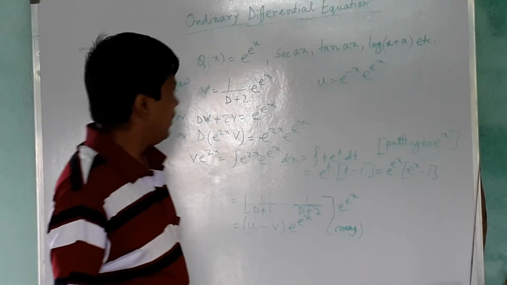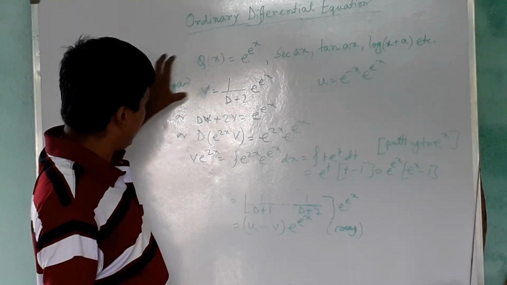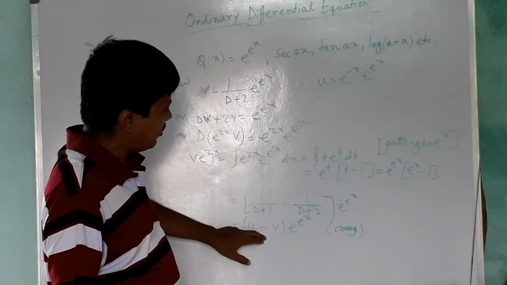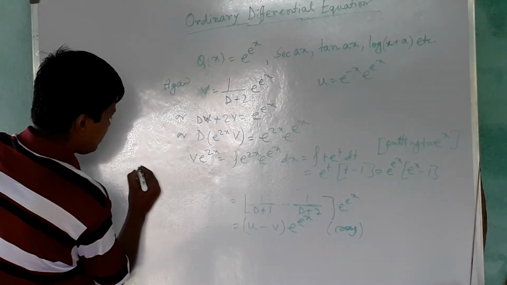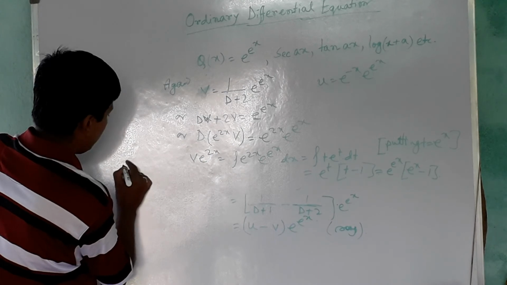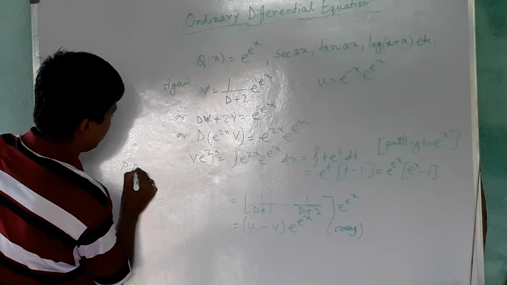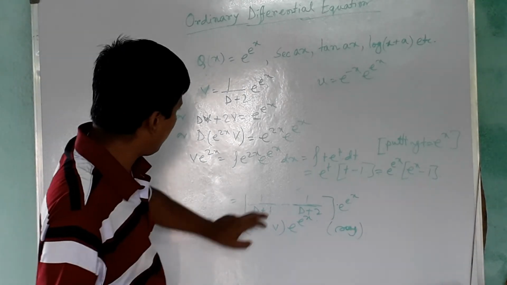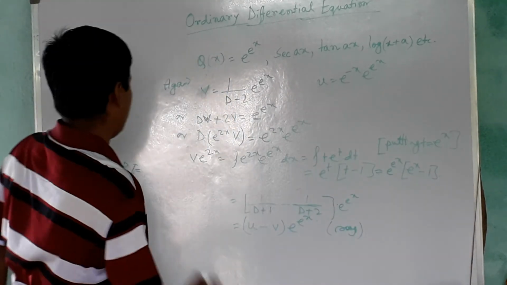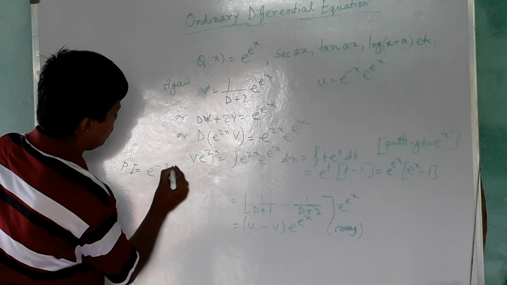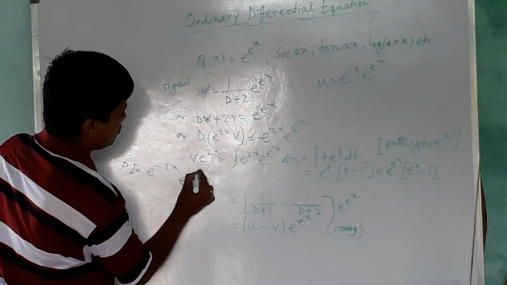Now if we put the values of u and v in this equation, then we ultimately get the particular integral, with the signs cancelling out, as e to the power minus 2x times e to the power (e to the power x).